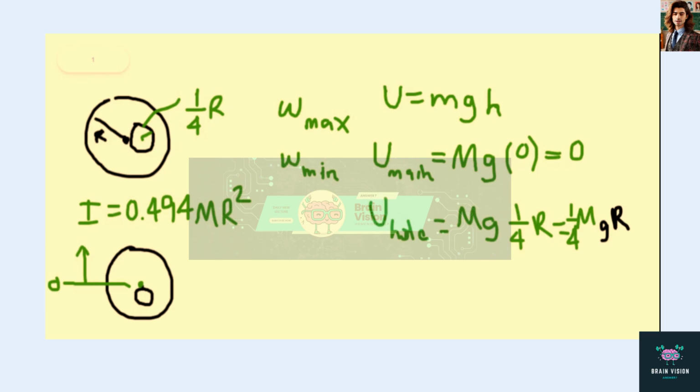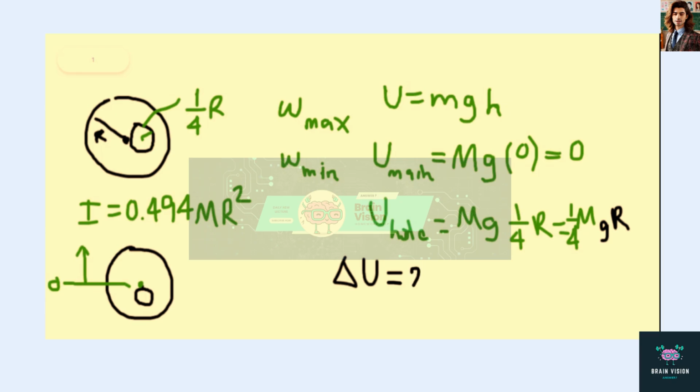Okay, so the change in potential energy: in one direction, it's going to be positive 1/4 mgr, and in the other direction, it's going to be negative 1/4 mgr. So it's going to be twice as much.